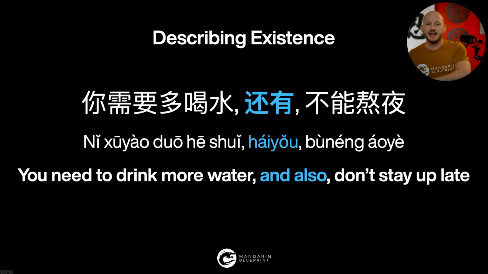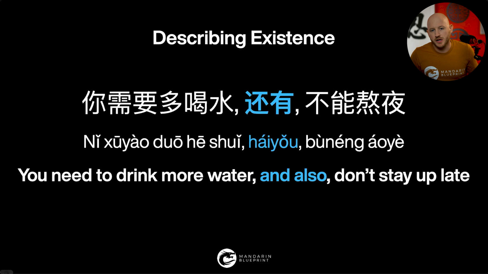Now they both relate to probably the idea of what they need to do to have better health or something, but because it's a different enough concept, you can separate them with 还有, and it's very useful because whenever you're thinking of more than one thing that's going to happen and they're not necessarily sequential, like it's not like you're going to drink more water and then not stay up late. It's like, no, they're kind of separate things that you both need to do.